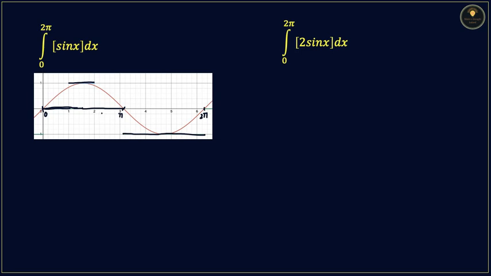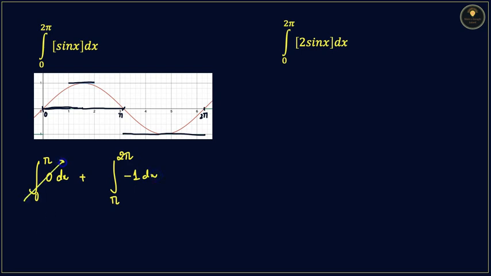From pi to 2 pi, I will get the value equal to minus 1. So I will write this here: from 0 to pi, you will get 0 into dx, and from the second one, from pi till 2 pi, you will get minus 1 dx.